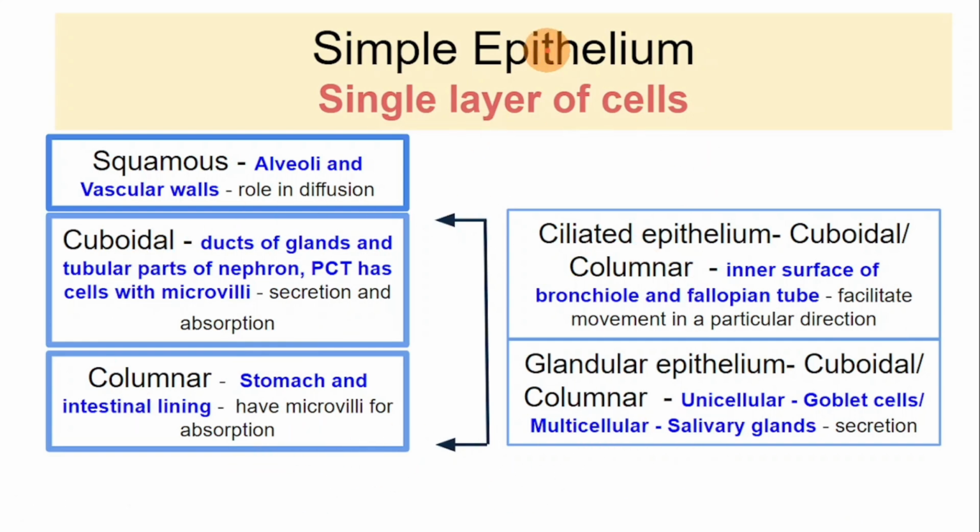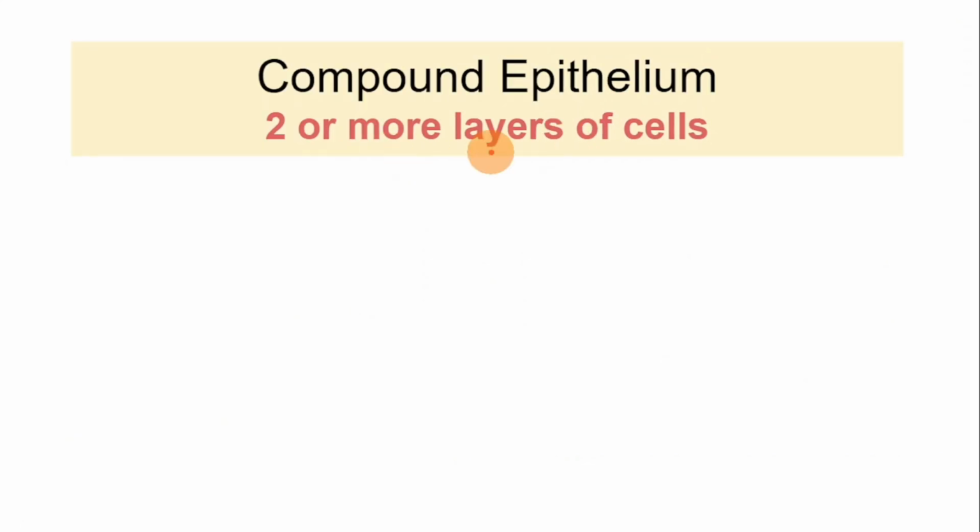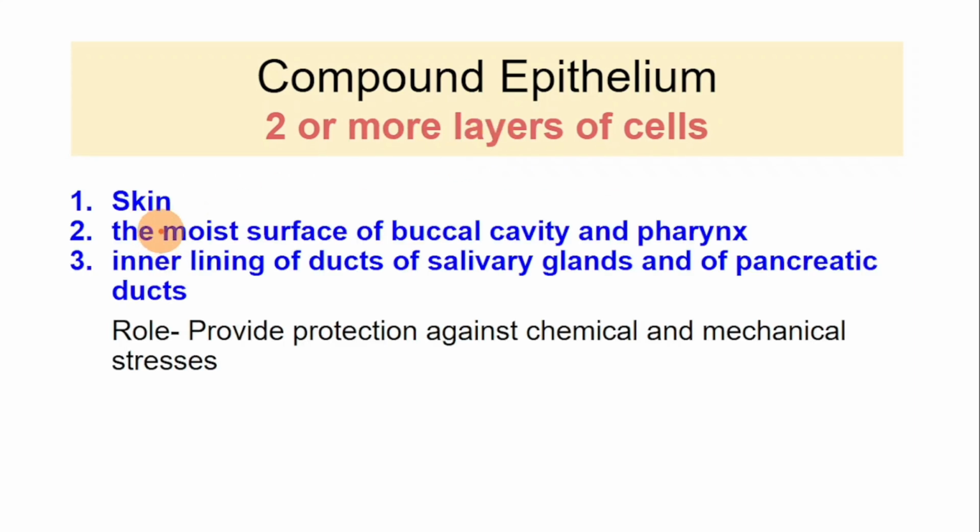So we have covered simple epithelium here. The next category is compound epithelium. When two or more layers of cells are seen, then we call it compound epithelium. The example is skin, then moist surface of buccal cavity and pharynx, and inner lining of ducts of salivary gland.